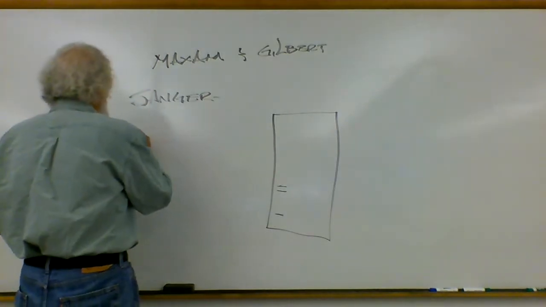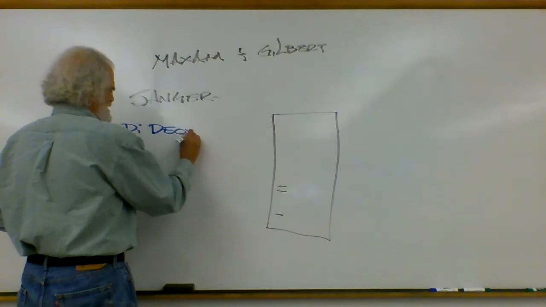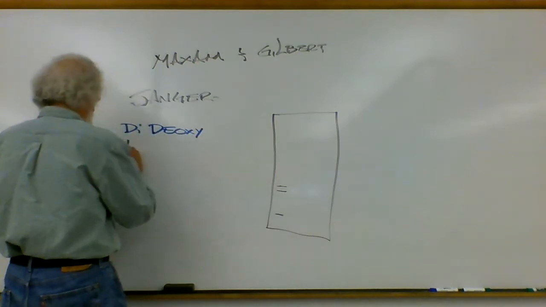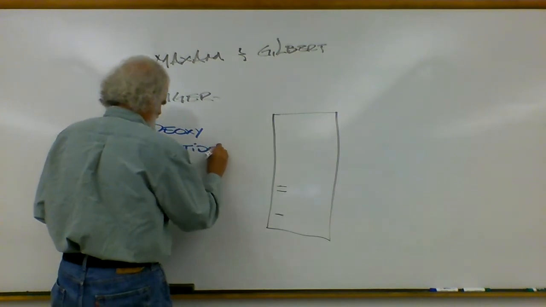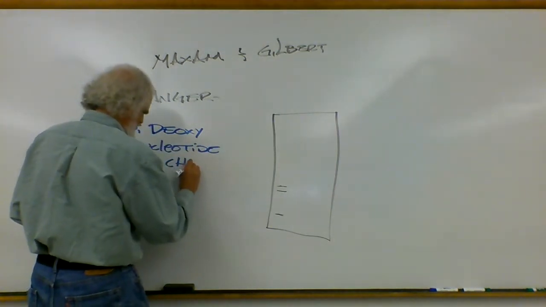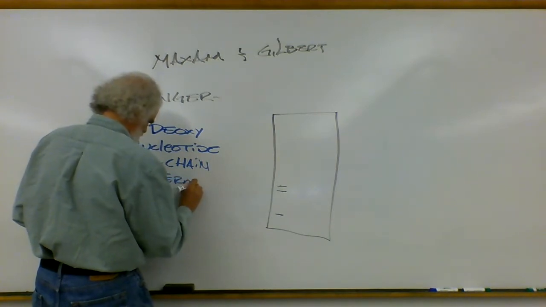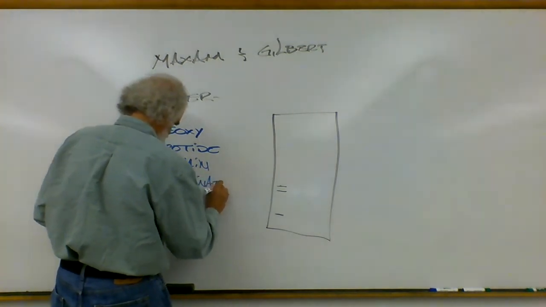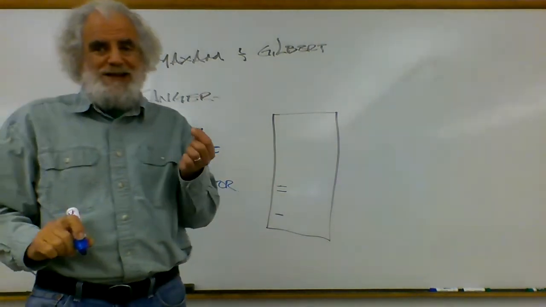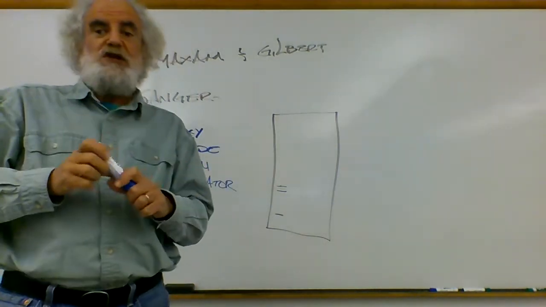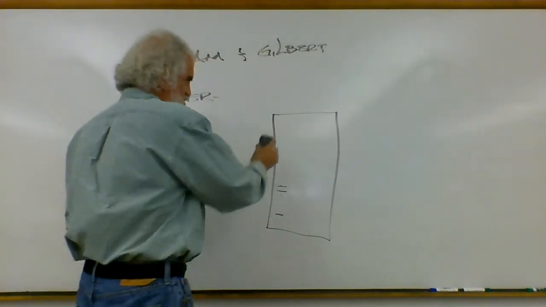Sanger sequencing uses something called a dideoxynucleotide, and it's often referred to as a chain terminator. Meaning that when you incorporate a dideoxynucleotide, you're going to block any further DNA polymerization.